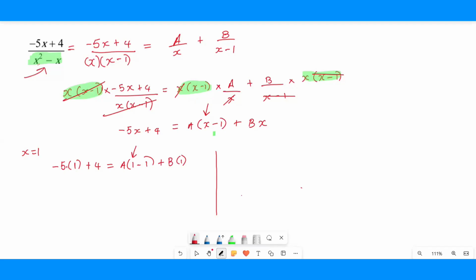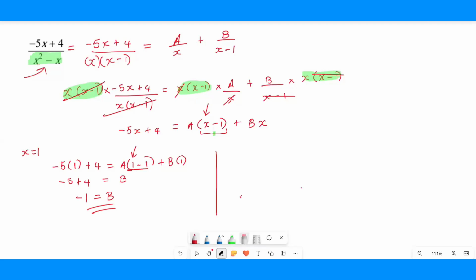So we are substituting 1 for x in an effort for this part to become 0, so the A would have been eliminated. Let's break this down. This is negative 5 plus 4, which is equal to 0 times A, which is gone. So B is definitely equal to negative 1, because negative 5 plus 4 is negative 1. So there it is that we have a value for B.